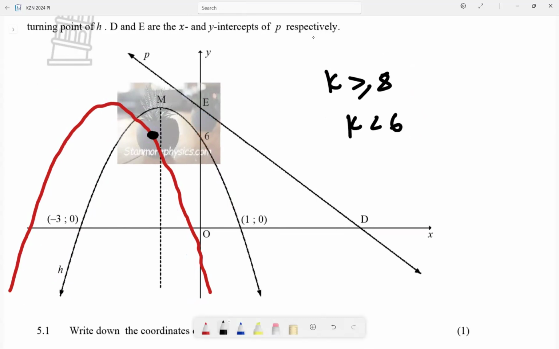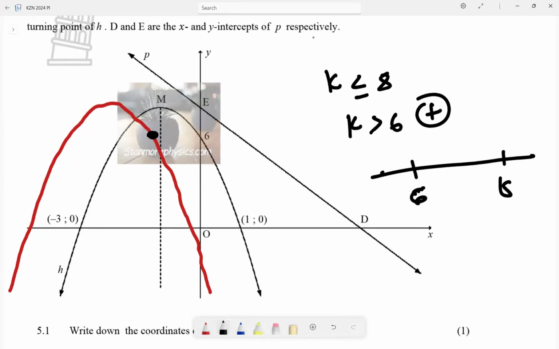So when I take this into a number line maybe, if this is 6 and 8, I'm saying this should be between, okay? Basically, it should be less or equal. Here it should be greater than 6 because I'm moving to the negative. Remember, when I move to the negative, I add. When I move to the right, I say minus.